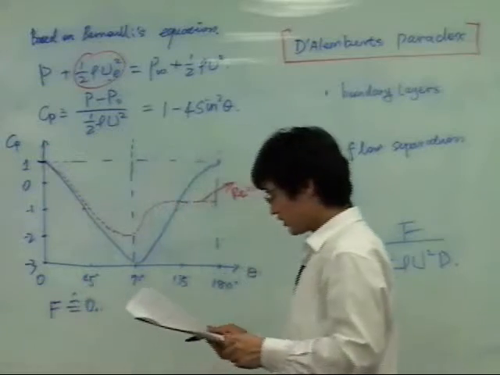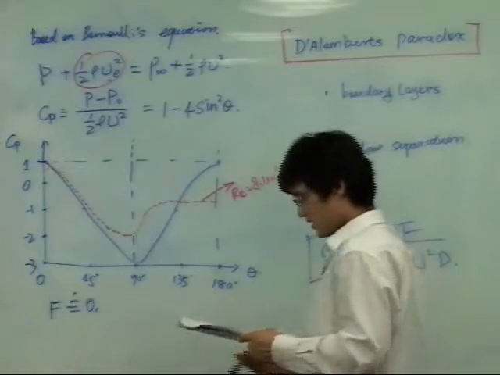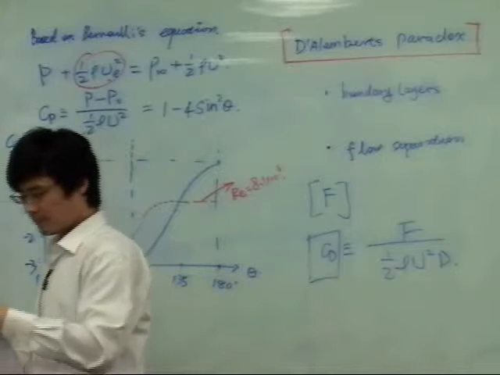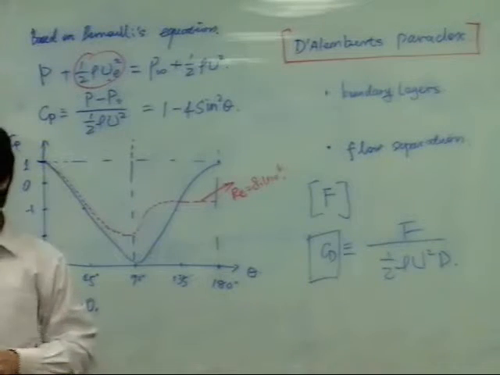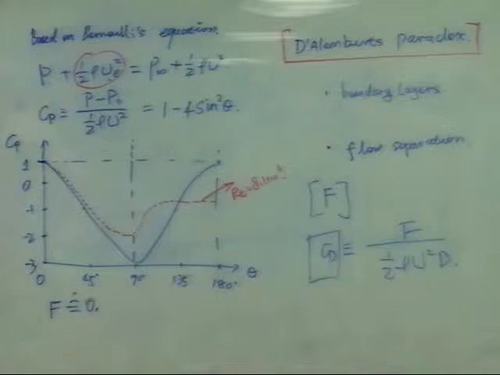Typically, we have to do model tests to determine this coefficient. Since here we have flow separation, it's of interest to look at the wake, the flow behind this cylinder. There's one interesting phenomenon, the so-called vortex shedding.